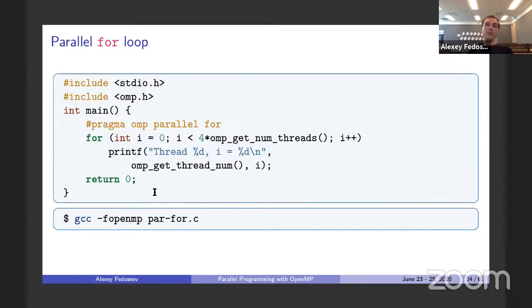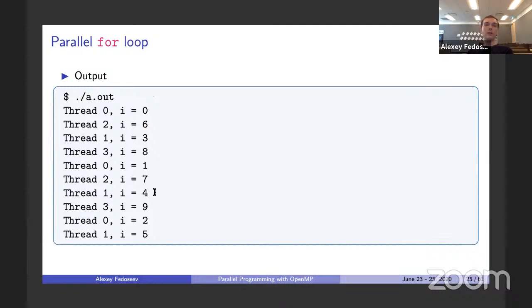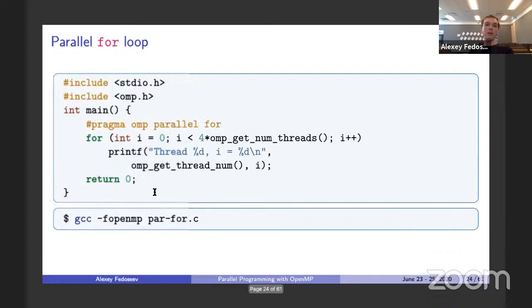If I show you the output, you can see that the workload was split between the threads more or less evenly. Thread 0, for example, took the counter i equals 0, 1, 2. Thread number 1 got i equals 3, 4, 5, and so on. So the workload was split between the threads.